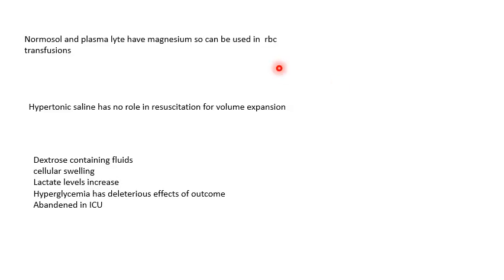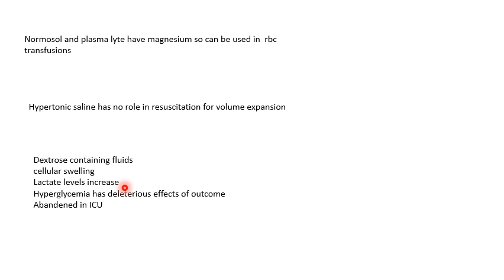So in summary, normosol and plasma-lyte have magnesium, so they can be used in RBC transfusions, because calcium will chelate the citrate, which is used as an anticoagulant there, and you'll have clots in the RBC bag. Hypertonic saline has no role in resuscitation or volume expansion. We have told this. Dextrose-containing fluids will cause cellular swelling or cellular shrinkage depending upon the metabolism of dextrose in the interstitial space.